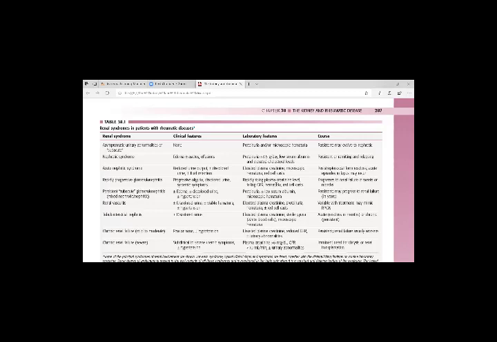If someone has a creatinine clearance, a GFR of around 120, and it goes down to 60, and we compare this to another person who has a baseline of 90 and now it has gone down to 40, one changes from 120 to 60, the other from 90 to 40.